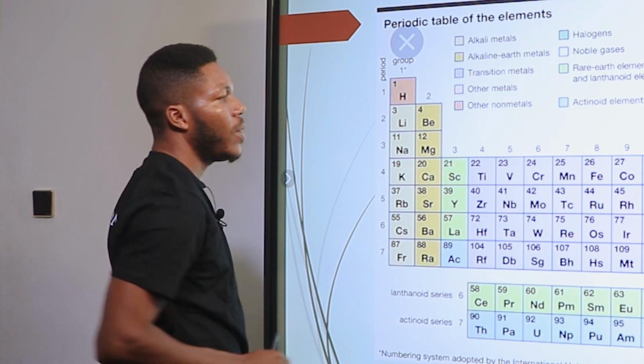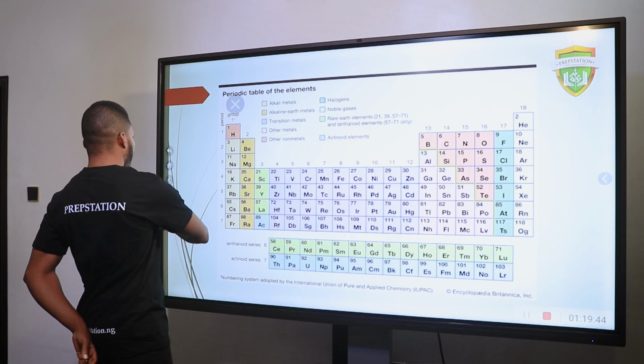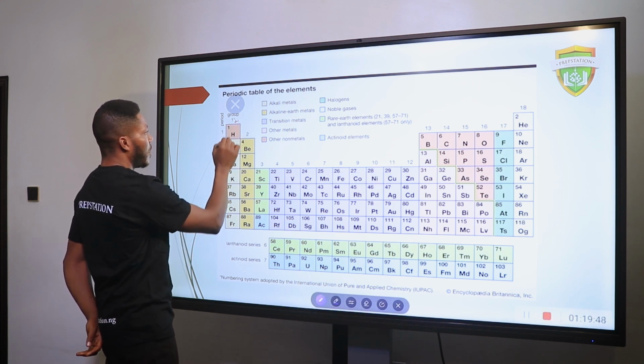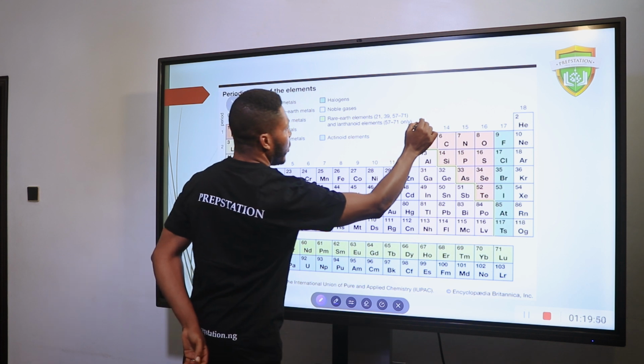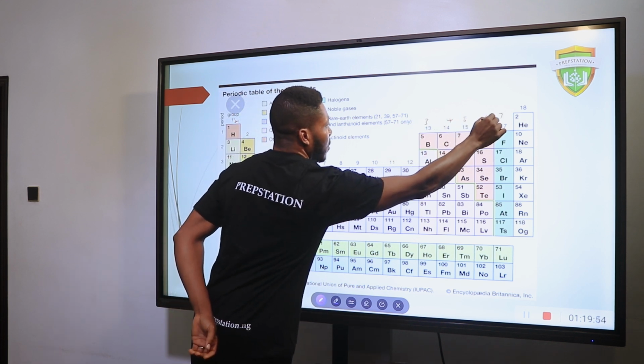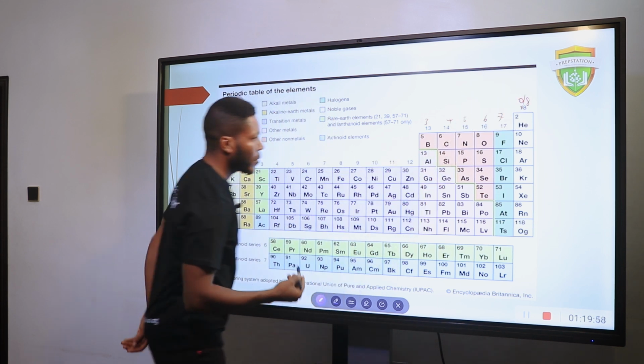Group 1, group 2. According to the modern periodic table, this is group 1. We have 2, 3, 4, 5, 6, 7, and group 0, or you call it group 8.